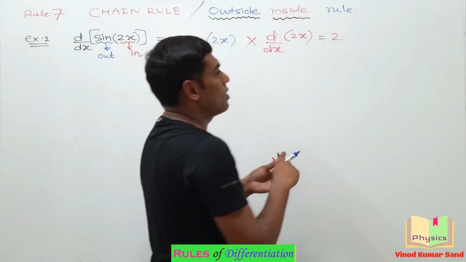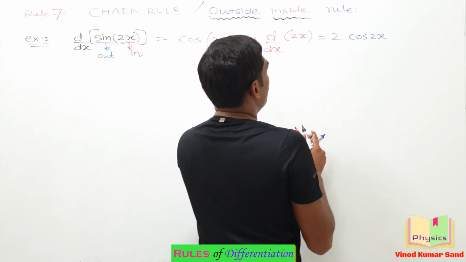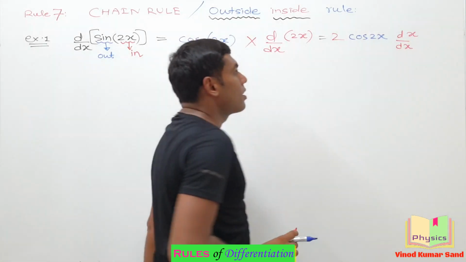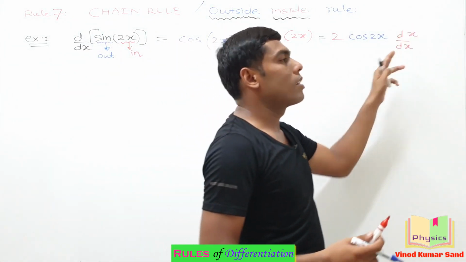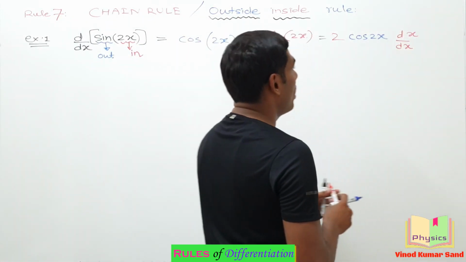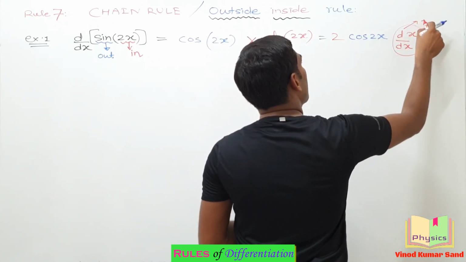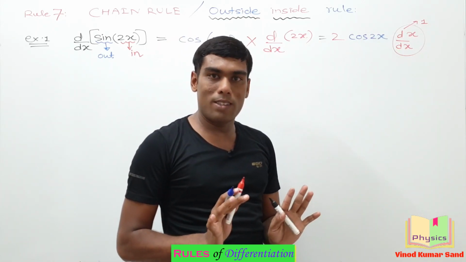This cos 2x is already lying here, and you are left with d by dx of x. How much is d by dx of x? You know the answer, it will be 1. So this term will become 1. So your final answer will be 2 cos 2x.